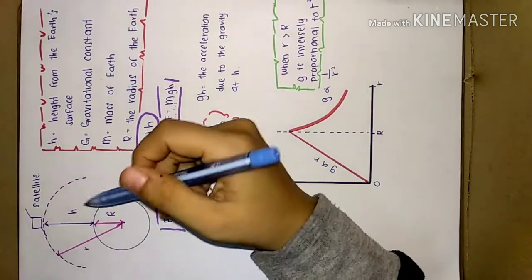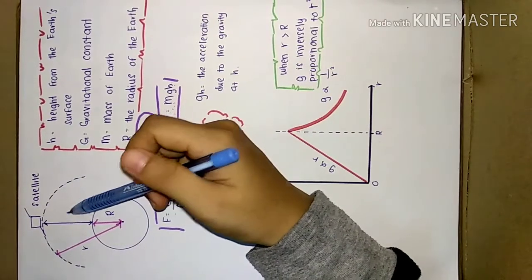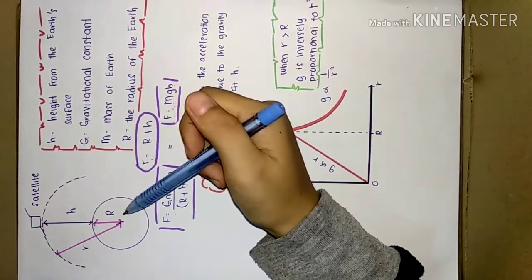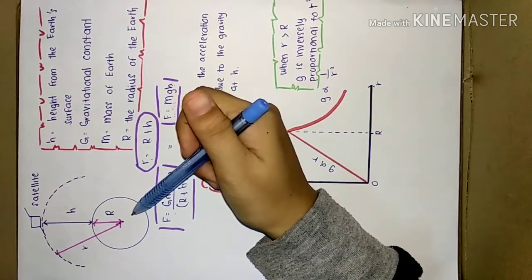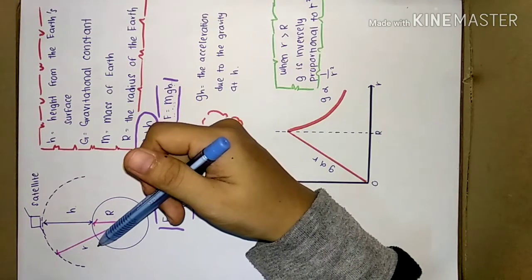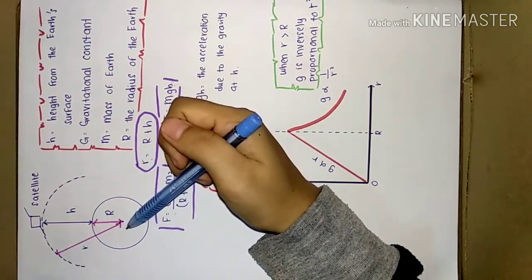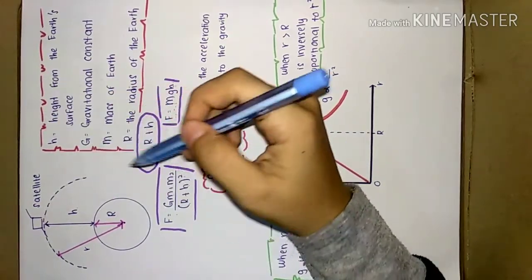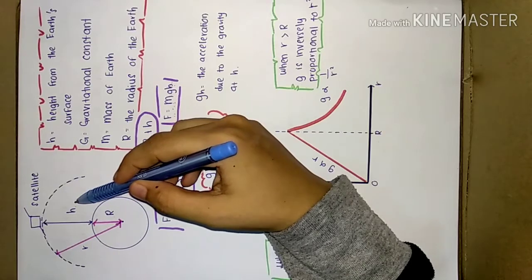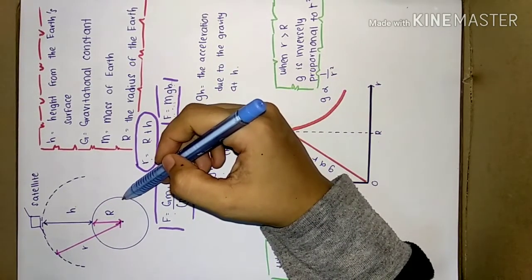Here we have a diagram showing a satellite at a height h from the surface of the Earth, and R is the radius of the Earth. Little r is the distance of the satellite from the center of Earth, which is the radius of the orbit. h is the height above the Earth's surface and R is the radius of the Earth.